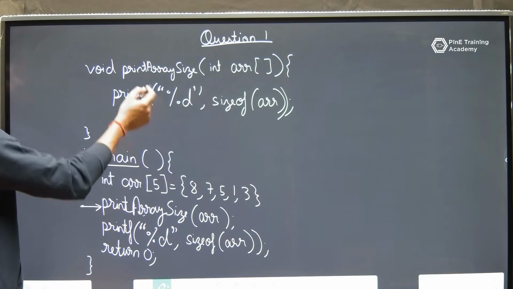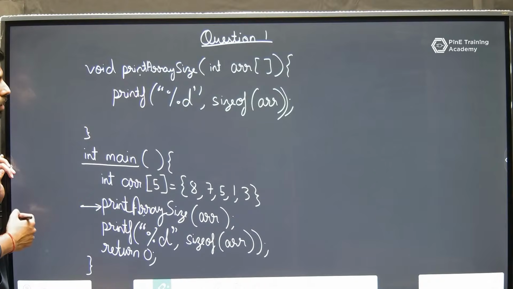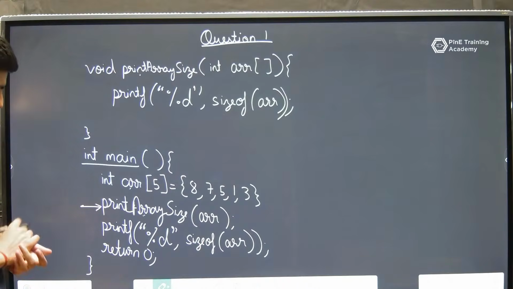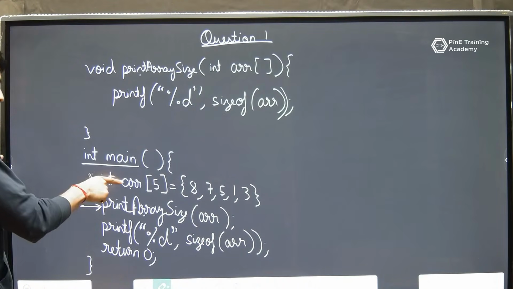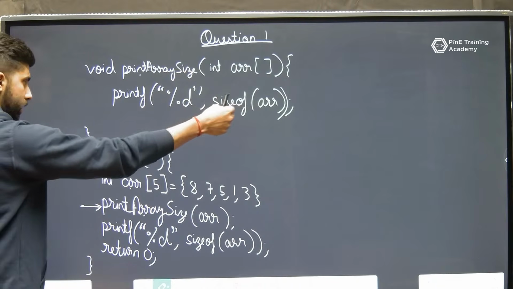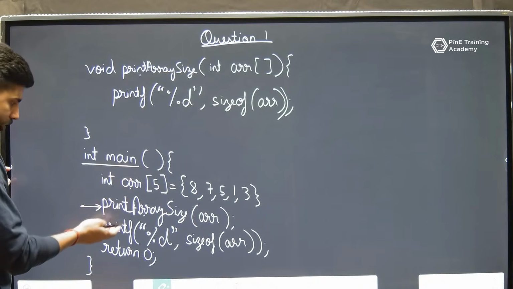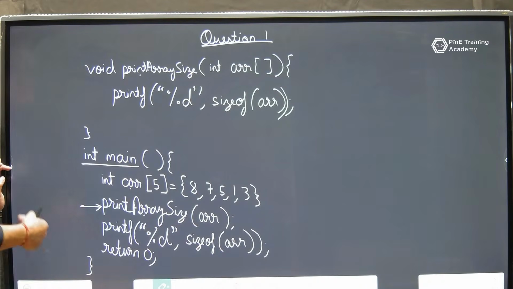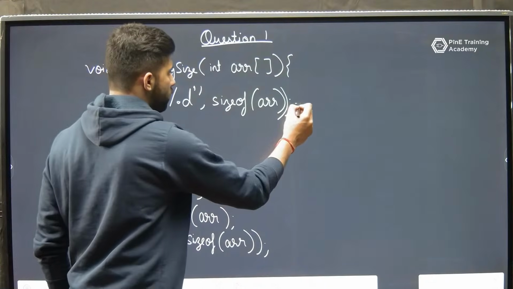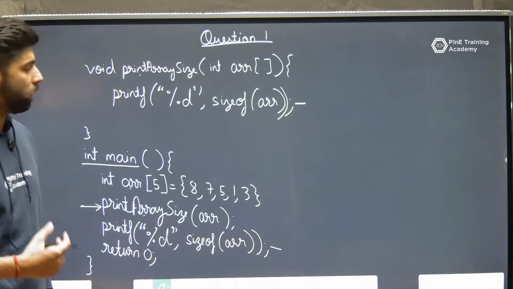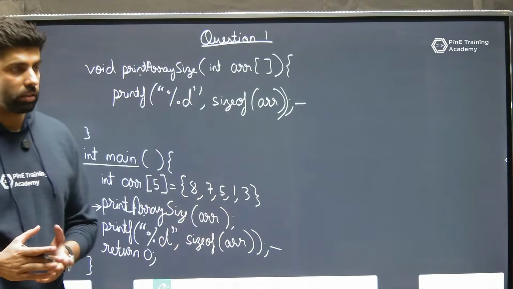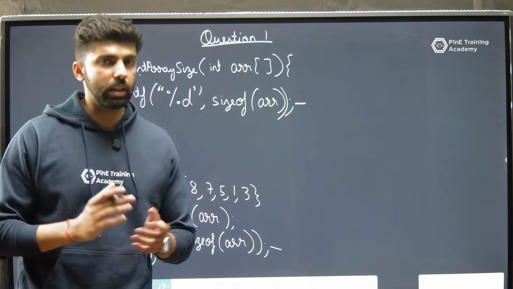And this print array size function just prints the size of the array again, right? So I've created an array, passed it into a function, this function prints the size of the array, and in the main function as well, I'm printing the size of the array. What do you think these two print statements will print? I'm giving you 30 seconds to think on this, and then I will discuss the answer.